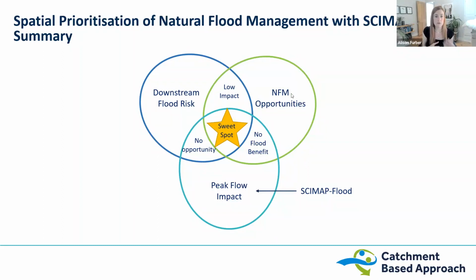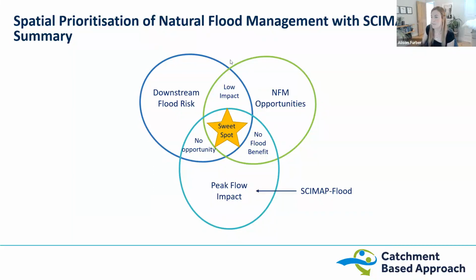Hopefully that's what a lot of you are already doing in your catchment management plans when it comes to the spatial prioritisation of NFM. But what we hope to convey through this presentation is that if you add SCIMAP-Flood into the mix as well, then that could give you some really important information about where in the catchment you might be able to have the maximum impact in terms of reducing flooding.